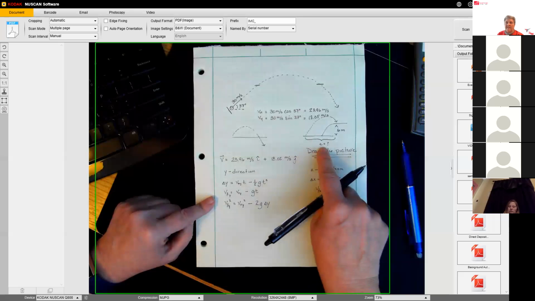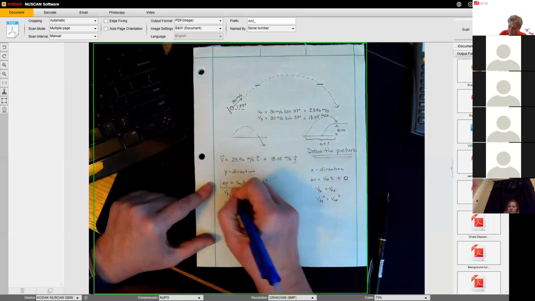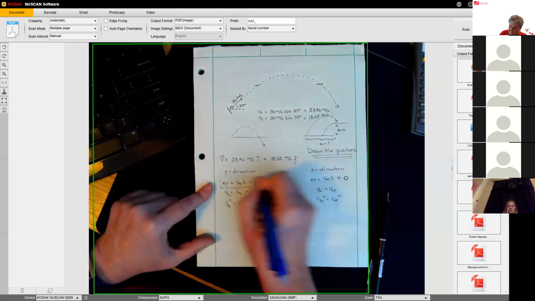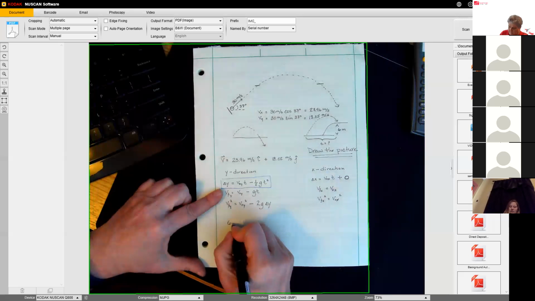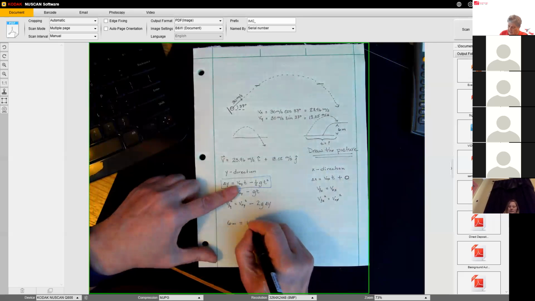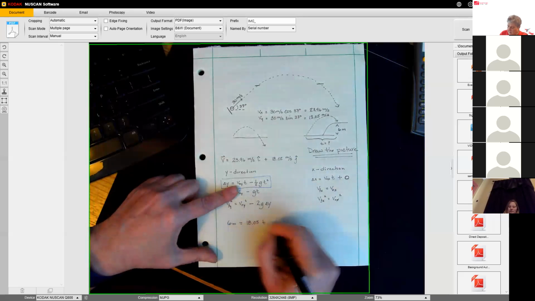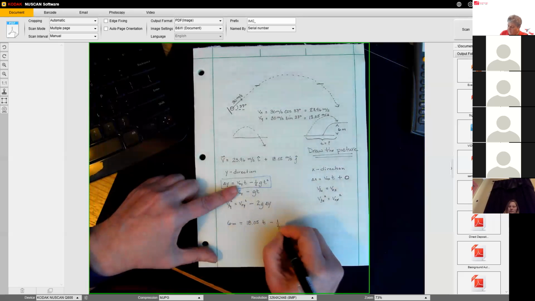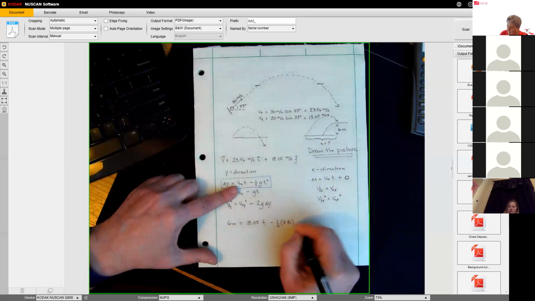Well, right now I want to find the time for this one. So guess what? I'm going to use this equation. We know the change in position is 6 meters. We know what our initial velocity is, which is 18.05 times time minus 1/2 9.81 times time squared.